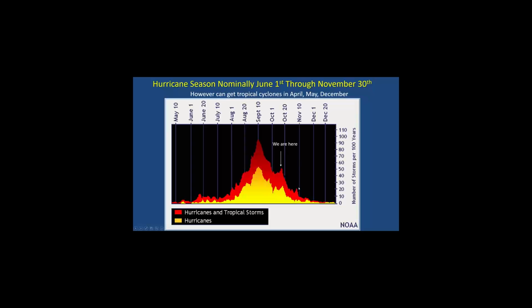We did have a hurricane some years ago, Hurricane Jerry, that hit Texas on October 15th, and that's the latest hurricane landfall in Texas that we've had. Of course, this is 2020, so never say never, but we're hopeful that the hurricane season has wound down for us here in Texas.